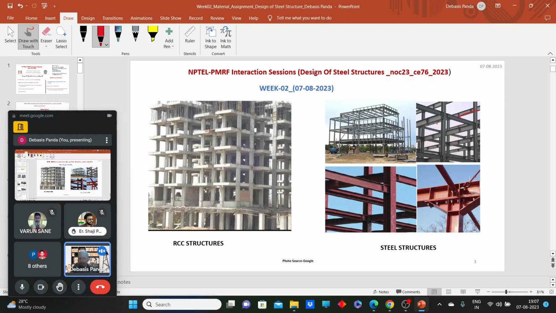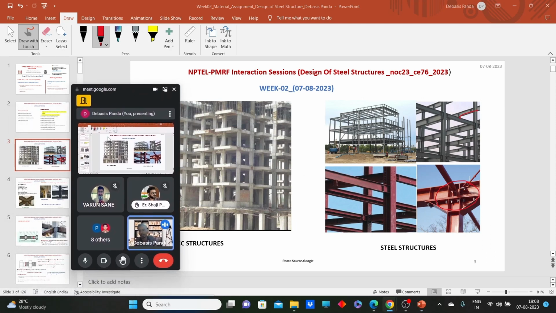We also came to know that as a designer, we need to focus more on the connections rather than designing the element. In an RCC structure, on the other hand, we have to design each and every element specifically. Then we went through the connections.